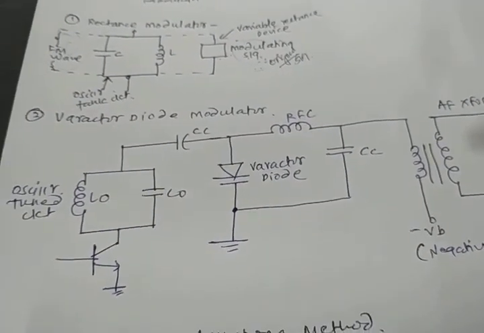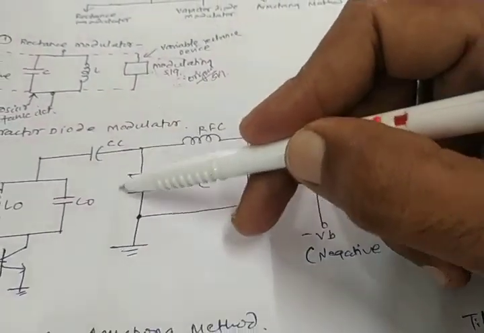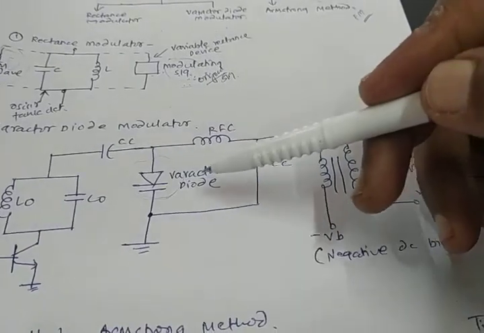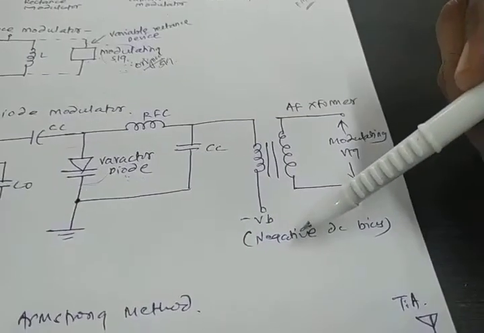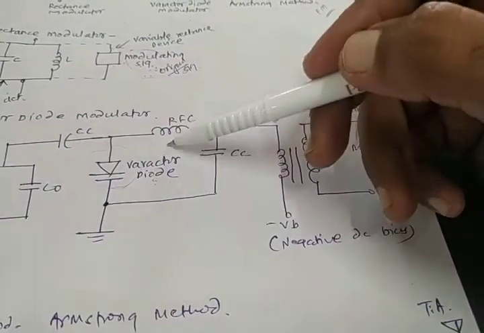This one is the varactor diode. The nature of the varactor diode is that the voltage across it varies in proportion with the negative signal applied across this diode.